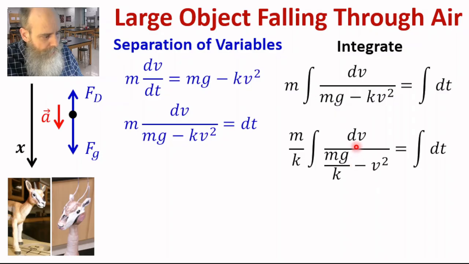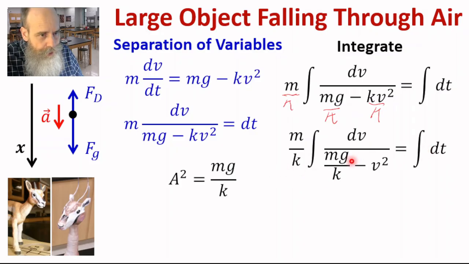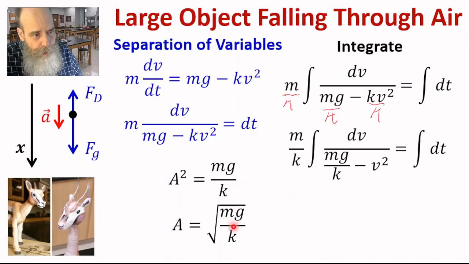Let's divide the numerator and denominator on the left side by k, like this. So m divided by k, mg divided by k, and k divided by k. So we get this, m over k times this. And now, let's say that this factor here is a squared. So a squared is mg over k, and therefore a is square root mg over k.